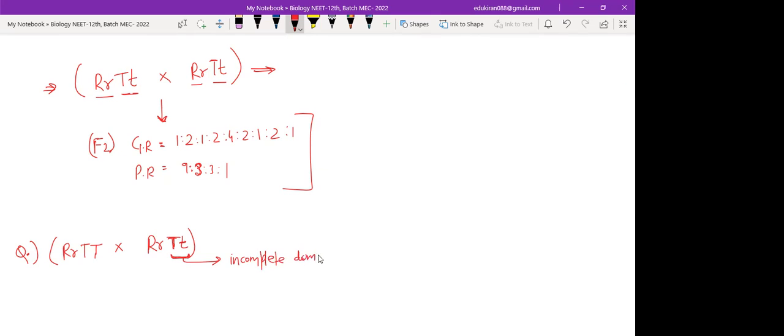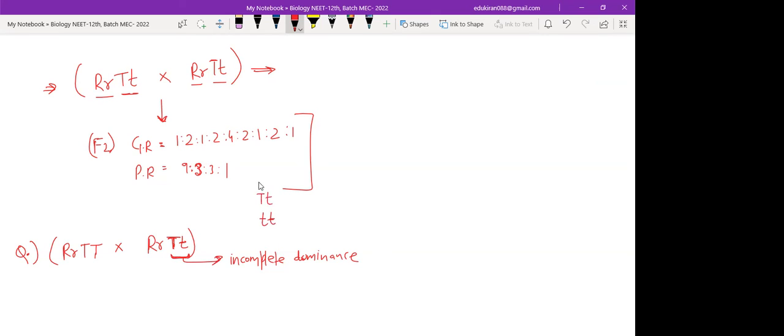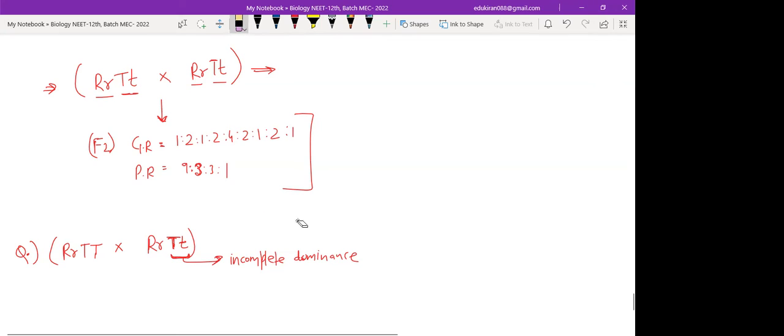If there was pure dominance, then it would be a hybrid tall plant. Because of incomplete dominance, it will be a medium plant, and only this will be a short plant. Short, medium, and tall. If this is given, then there is an incomplete dominance. You understand? Yes, sir.